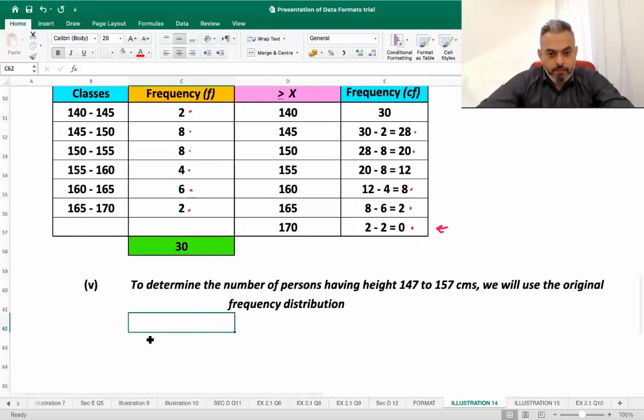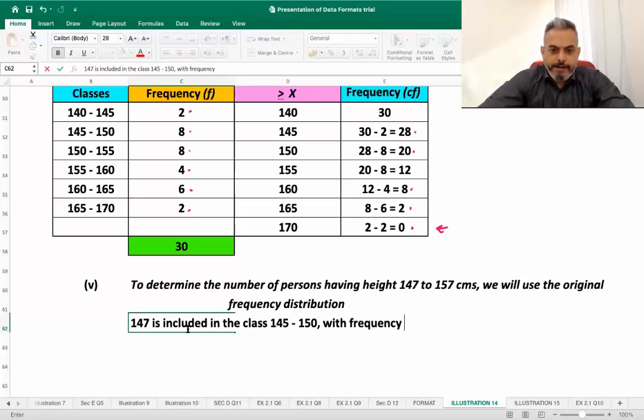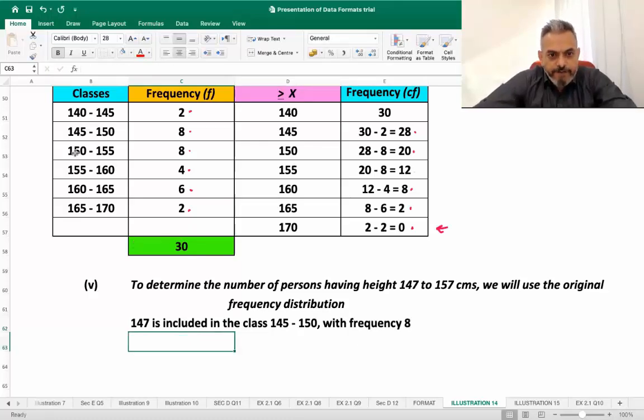We go one by one now. 147 is included in the class 145 to 150 with frequency 8. So this 145 to 150 has frequency of 8.